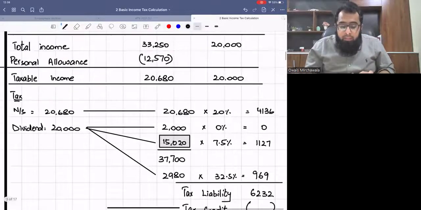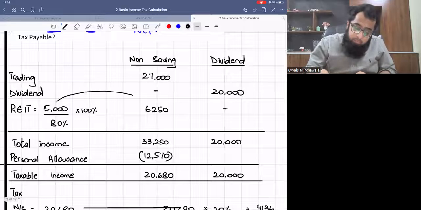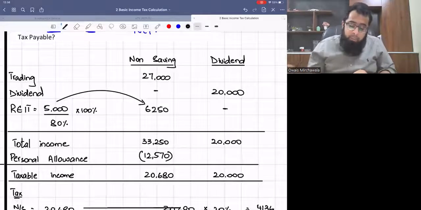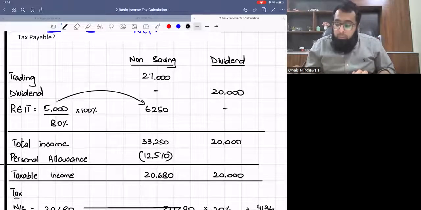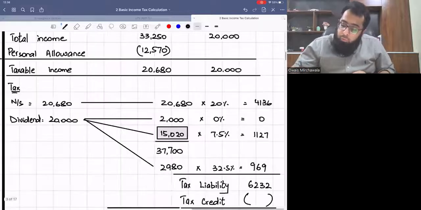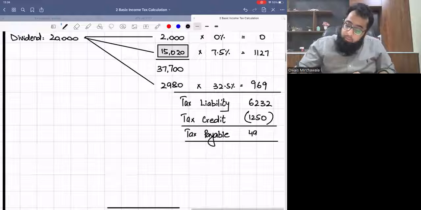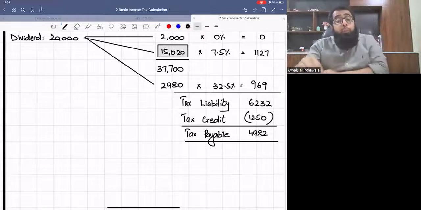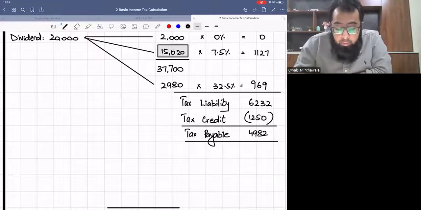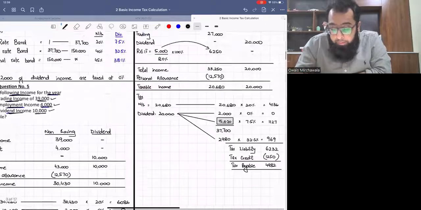Now, what was the advance tax which we grossed up on the real estate investment trust? It was 1250. So the payable will be 4982. So I'll give a brief review again.